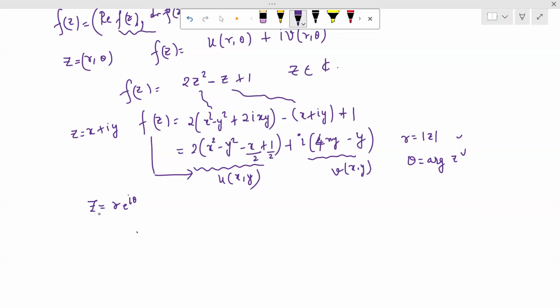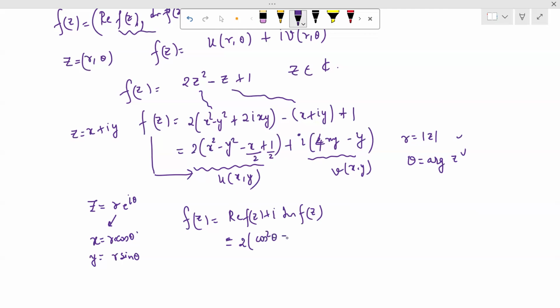Also you know that if you want to extract x in polar coordinates, x is r cos theta, and y is r sine theta. So you know that f(z) equals the real part of f(z) plus iota times the imaginary part of f(z), right? And what is the real part of f(z)? The real part of f(z) is 2 times (x square minus y square), so 2 times (cos square theta minus sine square theta), and some r square also accompanying it.